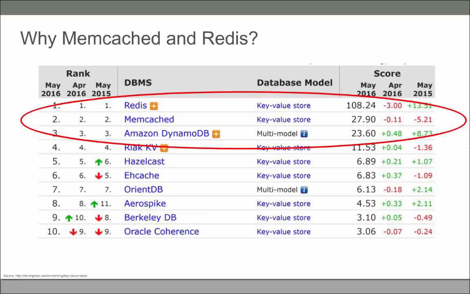Now, DynamoDB is also a popular choice, as you see here. DynamoDB supports both the key value model and the document model, but it is used a bit differently. It's not an in-memory store. It's SSD based, so the latencies that you get there are not sub-millisecond. So this is beyond the scope of this webinar. We'll focus today on ElastiCache with Redis and Memcached.